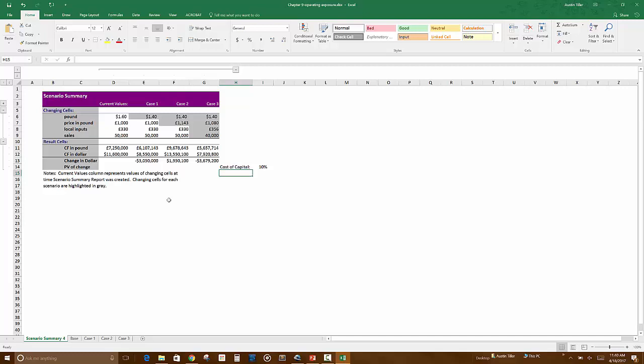So for case 1, we take the change in dollar cash flow divided by the cost of capital, 10%. And let me fix the cell. How do you fix the cell? F4. So enter, and then drag it over.